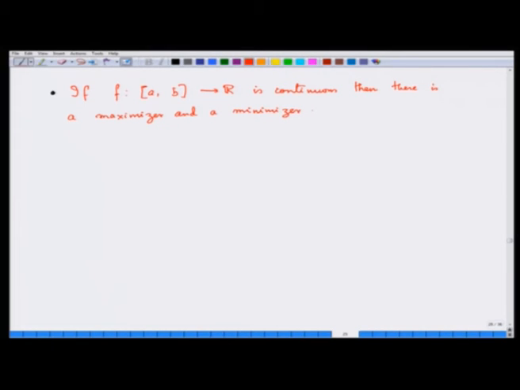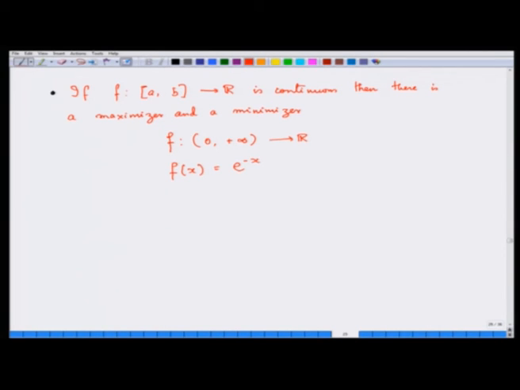But this is not true if I, for example, want to talk about a function from a non-closed interval to R. Take a function f from 0 to plus infinity, all the positive numbers, to R, with f of x equal to e to the power minus x.